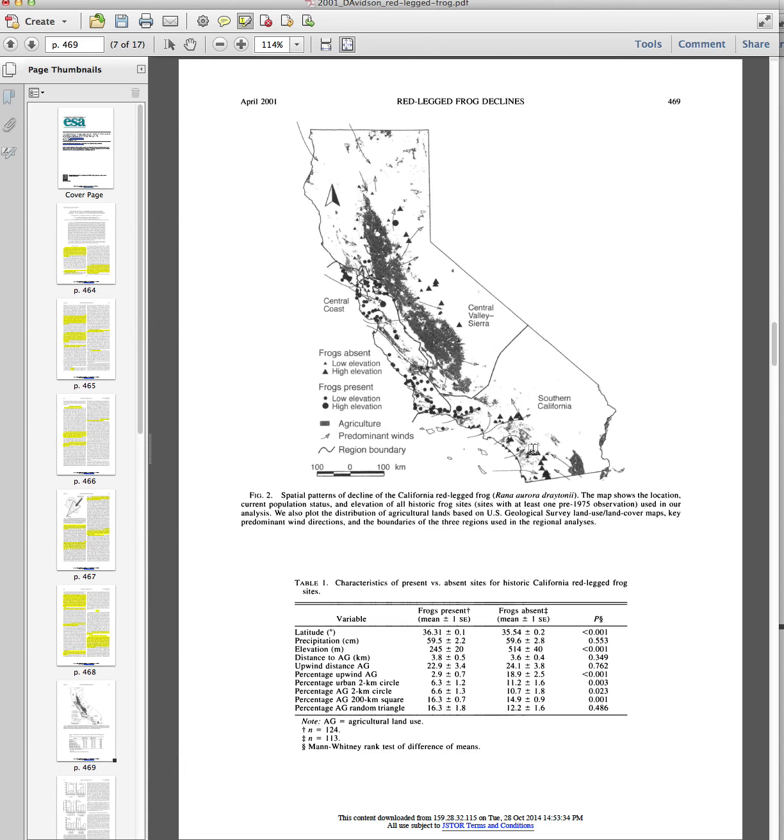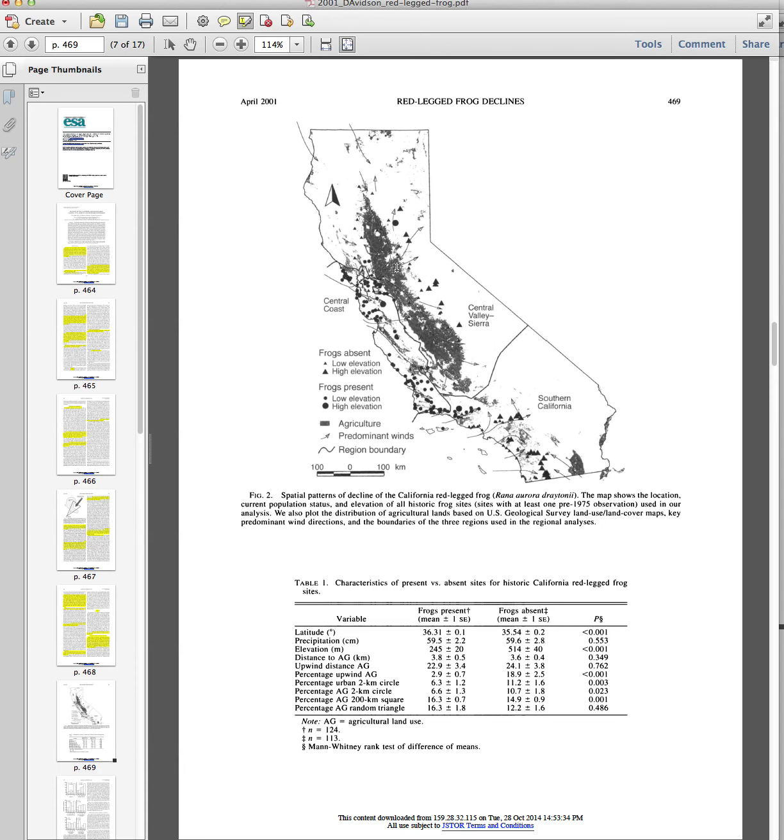So absent frogs are in triangles, and present frogs are in circles. And then they show you where agriculture is, these colored in areas, and then they show you the wind patterns with arrows. This figure takes a while to interpret, so take a little bit of time to look at the difference between circles and triangles and look at those directions of arrows.